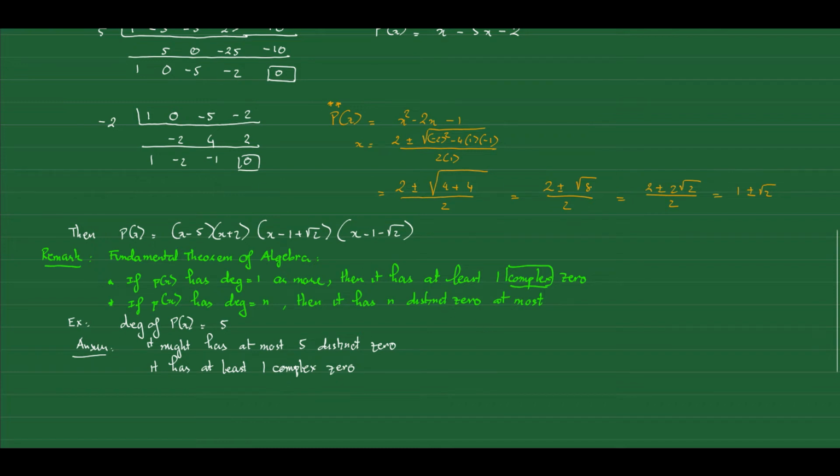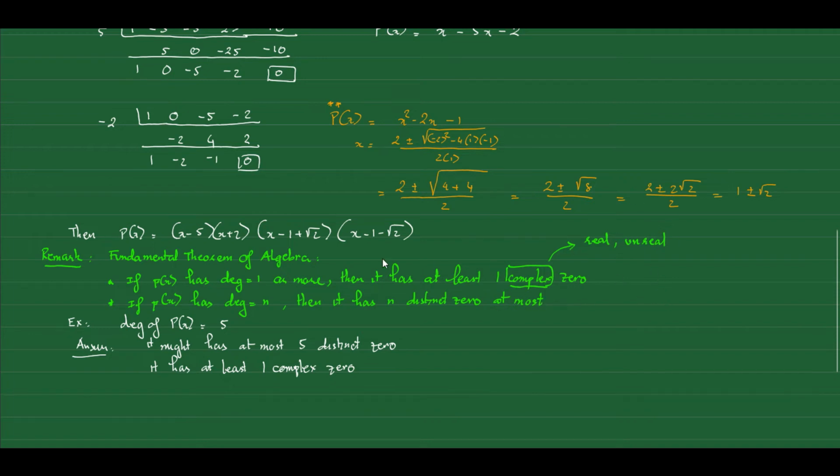Be careful, because some students say, this polynomial has only 2, 3, and 5 as the zeros, so how come it doesn't contradict the fundamental theorem? Because it says at least one complex zero, and I don't see any complex. 2, 3, and 5 are not complex. Well, 2, 3, and 5 are actually complex numbers too.